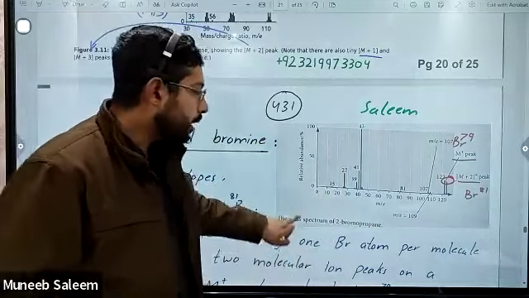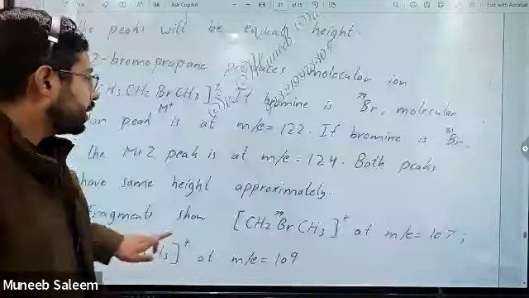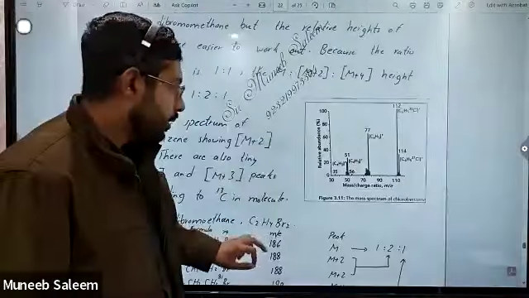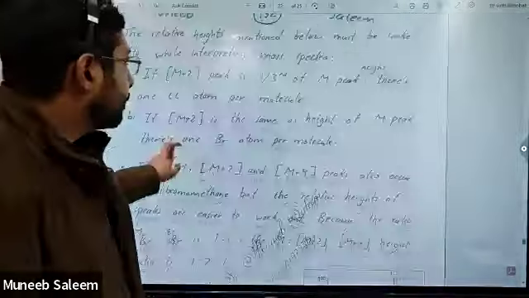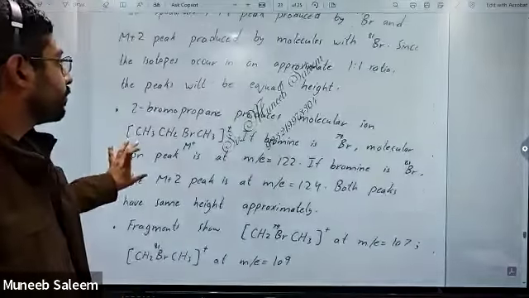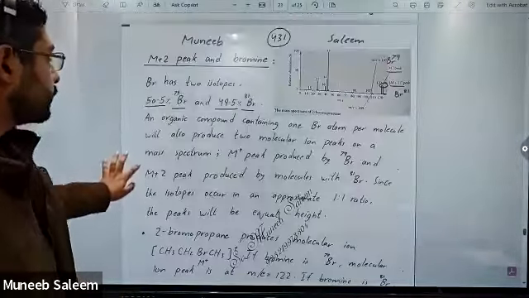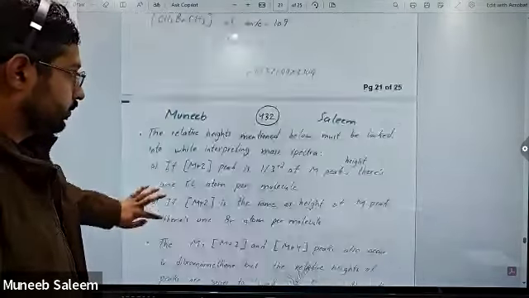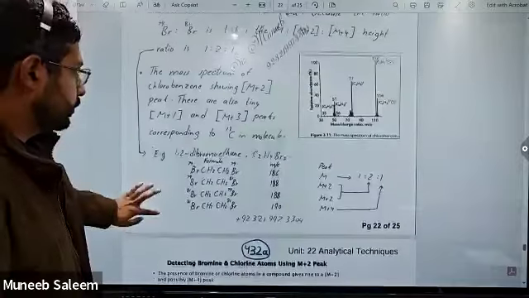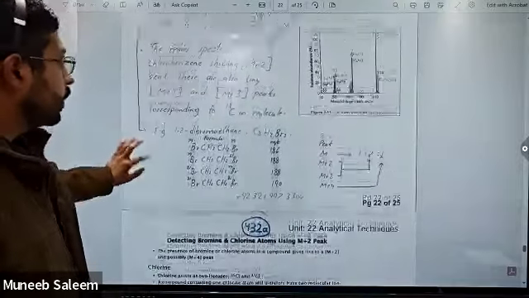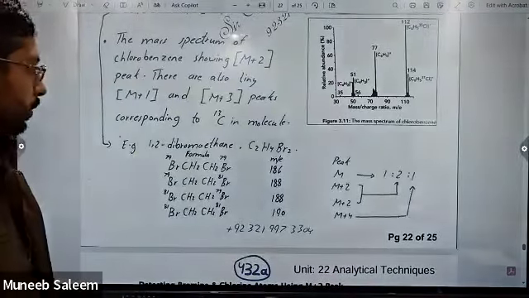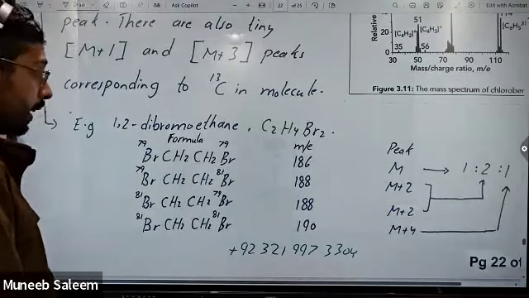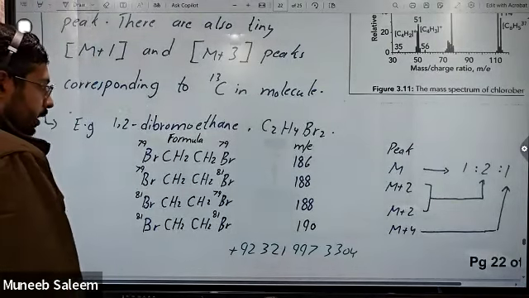Now we'll take another example in which there are two bromine atoms. So let's suppose we have a compound containing two bromine atoms, then that's how you will find the peaks.